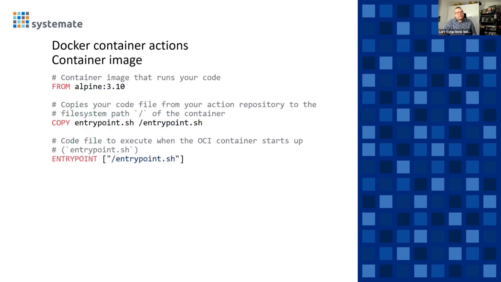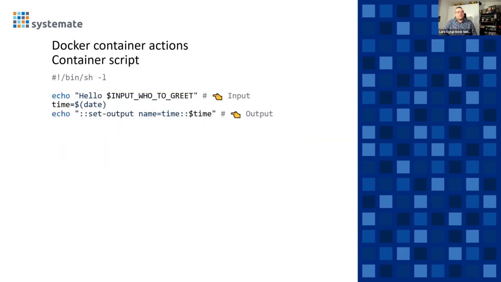Here's just some random container. It's running on Linux Alpine. It has a shell command that it's running, and that's it. And the shell script is accessing this input from an environment variable, and then it's taking the current date and adding that as an output value.